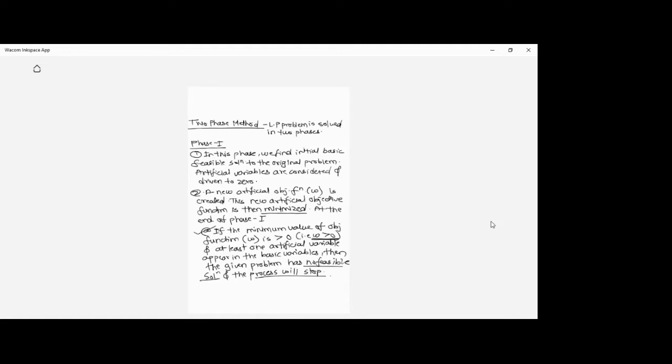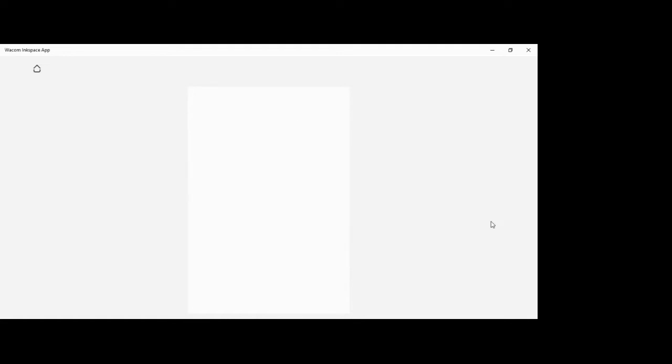So what happens in phase 2 is that the basic feasible solution obtained at the end of phase 1 is used as a starting solution for the original problem, right?